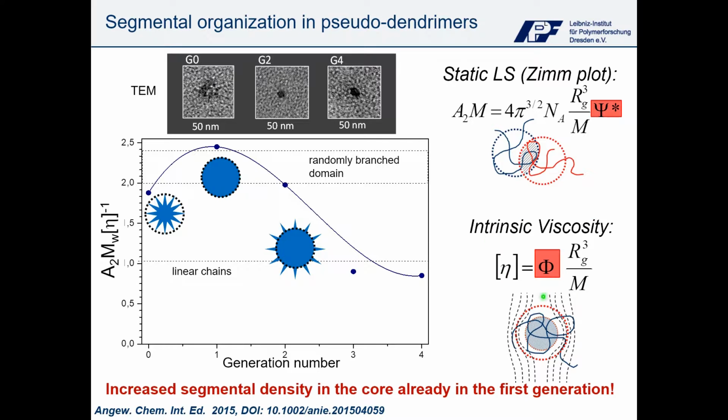The intrinsic viscosity, in terms of the Flory-Fox equation, gives us the dependence between the intrinsic viscosity and the radius of gyration as well as the molar mass, and the correction factor within this equation is actually the Flory parameter or the drainage parameter, while the interpenetration parameter shows us how two polymer segments interpenetrate with each other.